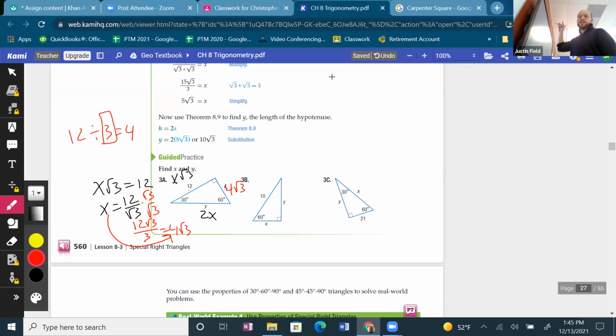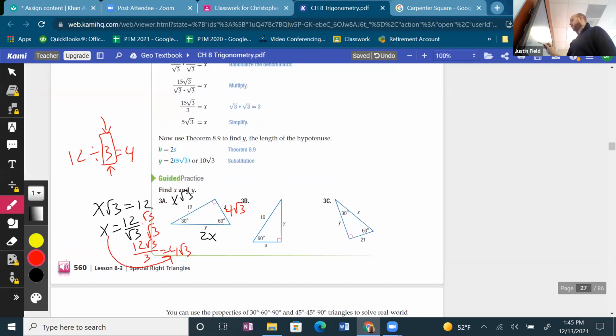So whereas in the 45, 45, 90, we divided by 2 for that shortcut, here we divided by 3. So if you have the leg and it's like 15, then you know that there's going to be 5 root 3, and then the hypotenuse is double the short leg, so 8 root 3.